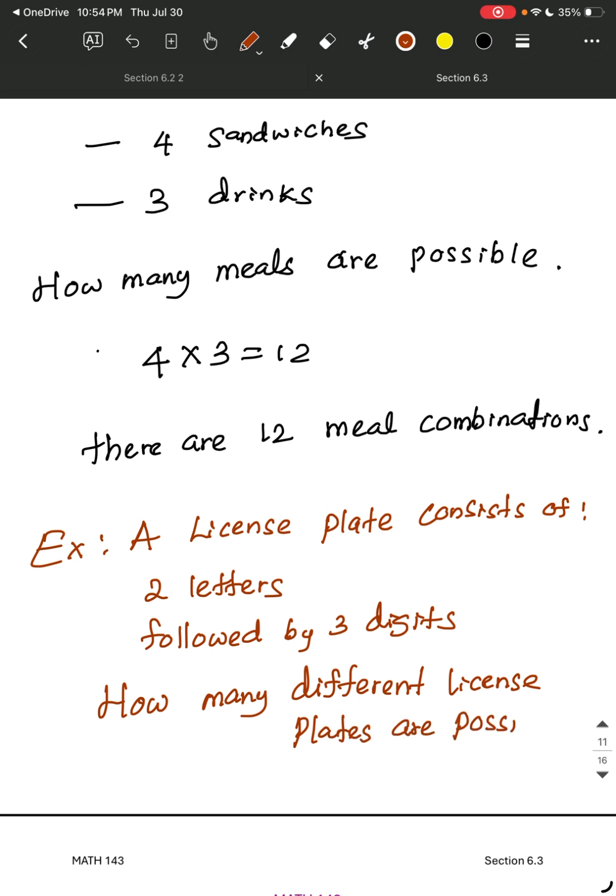So in that case, for each letter position, there are 26 choices. For each digit position, there are 10 choices from 0 through 9, right?